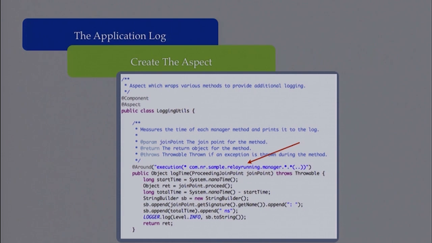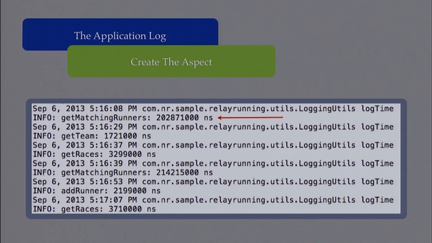So here, this @Around with the execution, that's saying time all the methods in my manager layer. And then here you can see where I'm actually doing the timing. And I'm just printing that all out to the log. So now you can see for anytime a manager method is called, that information's getting put in my log.